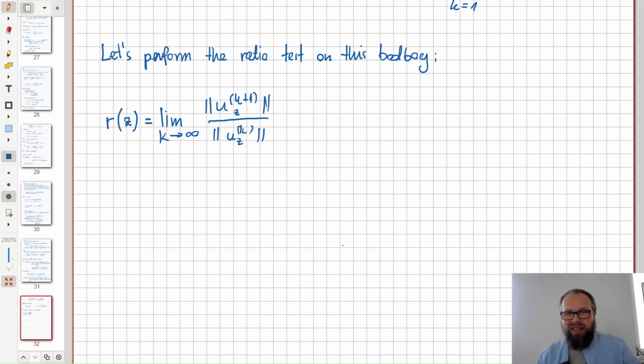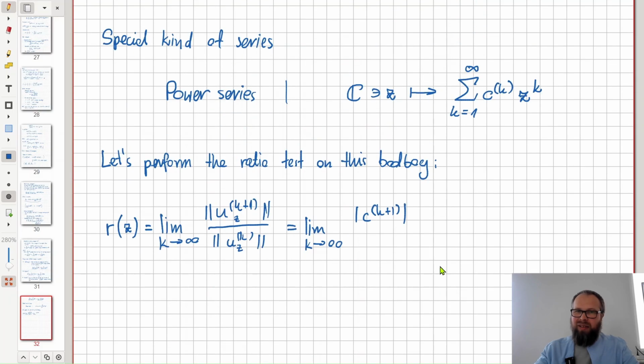And for power series, this is actually very simple, because it reduces to just, so we have c_{k+1}, the coefficient, which is some complex number, and the absolute value of z to the power k+1, very easy, over c_k z^k. So this simplifies.